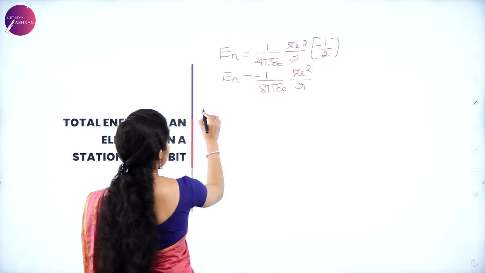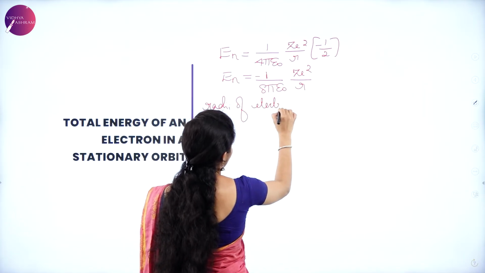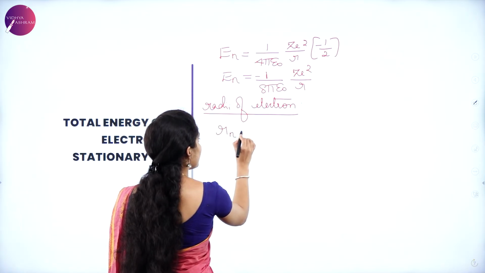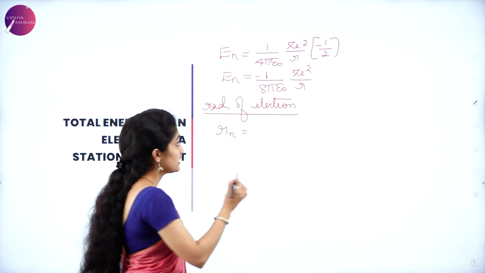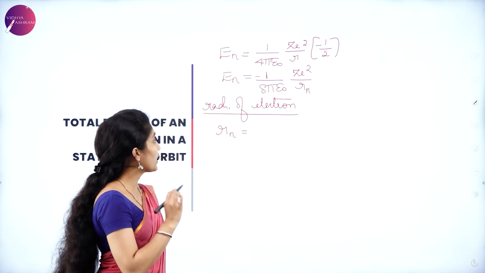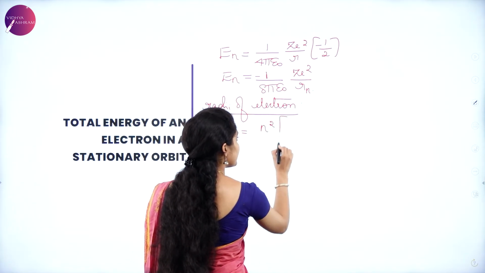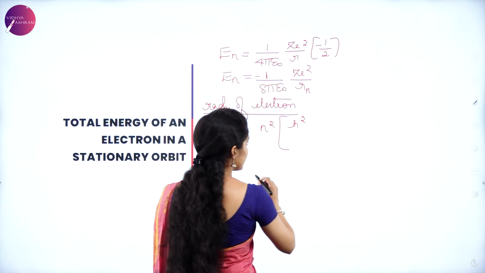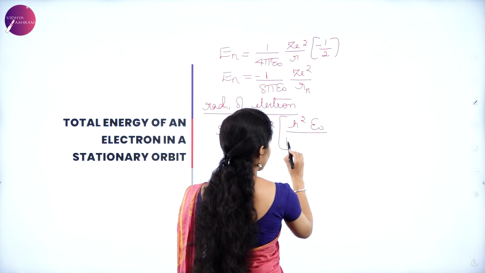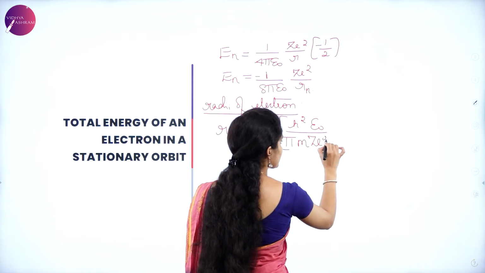So we just write the radii of the electron equation, given as Rn, since we are talking about the nth orbit. Rn is equal to n square h square epsilon naught divided by pi m z e square.